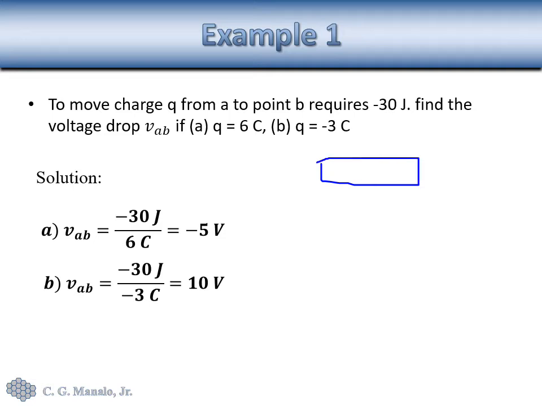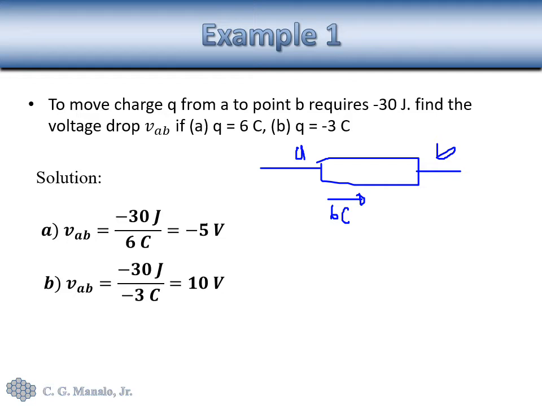So we have an element, and that element has terminals. Let's say we label the terminals: this is A and this is B. In A, we move 6 coulombs of charge.